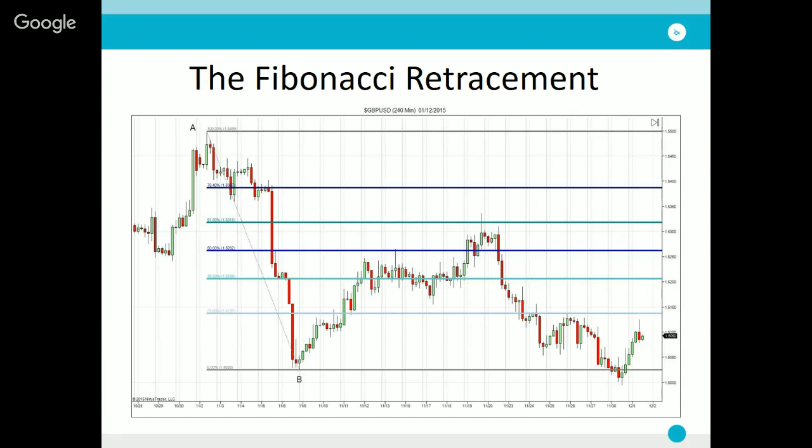So instead of looking for a fib level to line up with a clear structural level like we've seen here, what we're actually looking for is a fib level to simply line up with another fib level from the measurement of a different swing. So let's take a look at this and I'll explain it further.